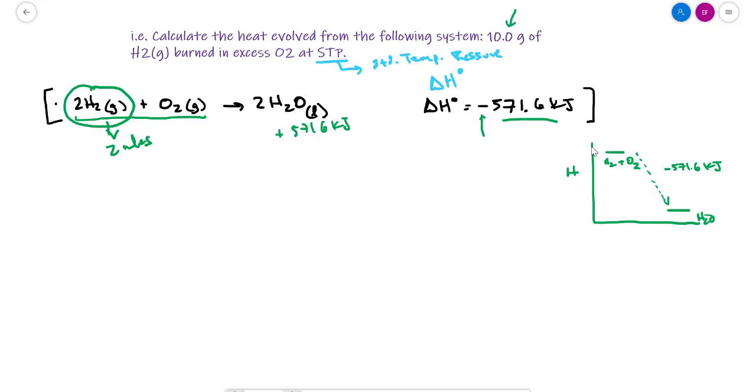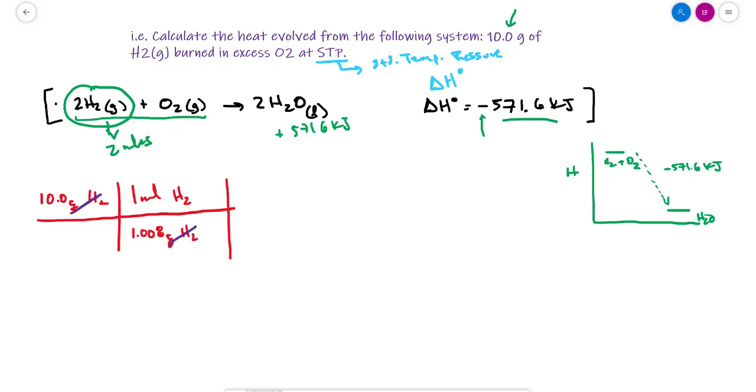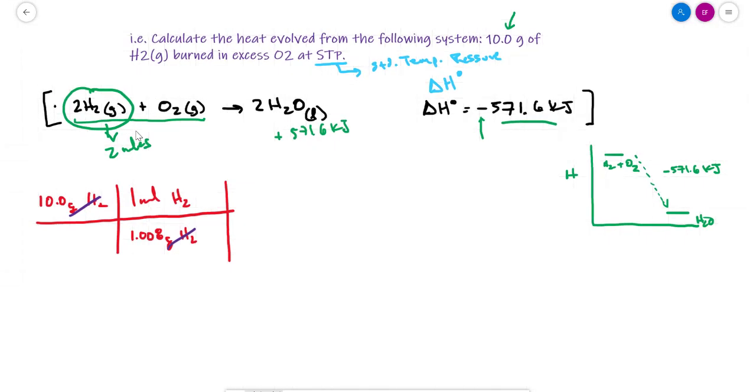Well, we need to do some dimensional analysis. So we can start with 10 grams of H2, and then we can say there are 1.008 grams of H2 for every mole of H2, right? Now we're in moles, so we're going to have quite a bit more than 2 moles in this case. Cancel our units, we're in moles of H2, and then we also have this relationship where we know that for every 2 moles of H2 that are combusted based on this balanced thermochemical equation, we yield this much energy.